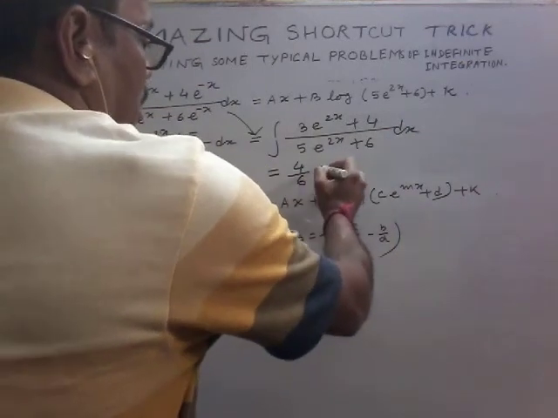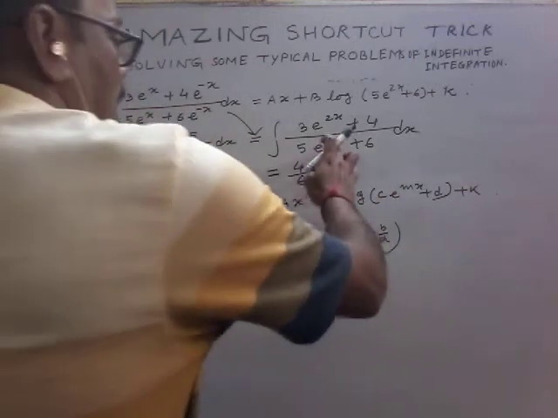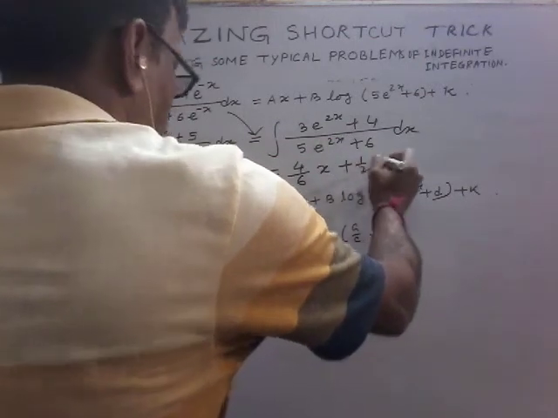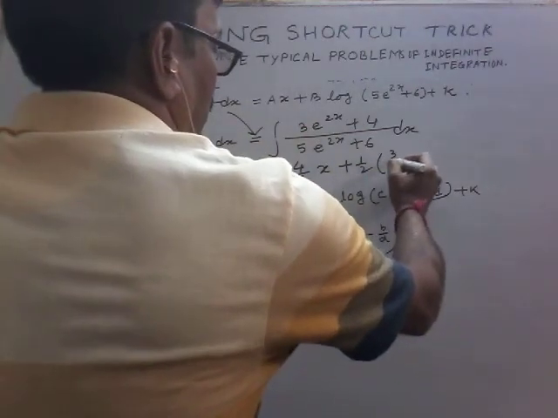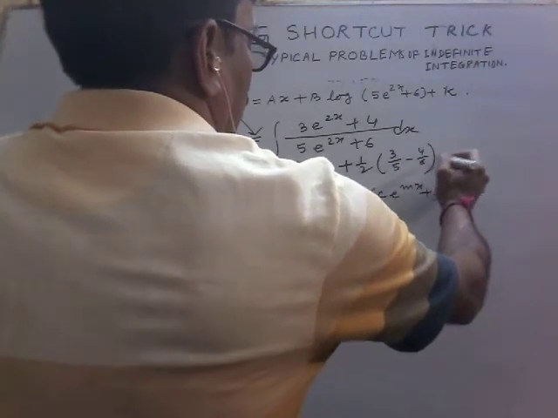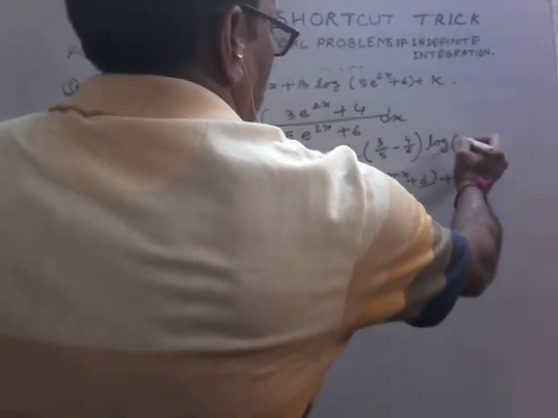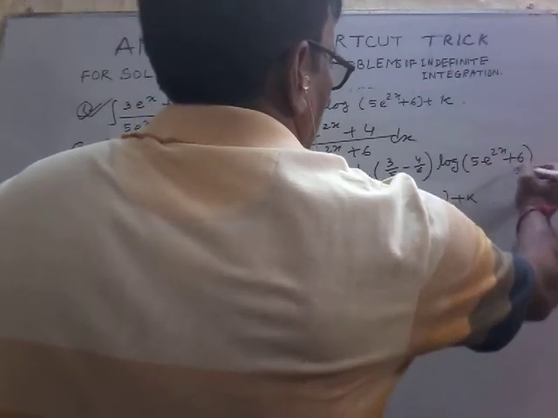So 4 by 6 times x plus, what is B? m is 2, so half, 1 by m, times (3 by 5 minus 4 by 6) times log(5e^(2x) + 6).